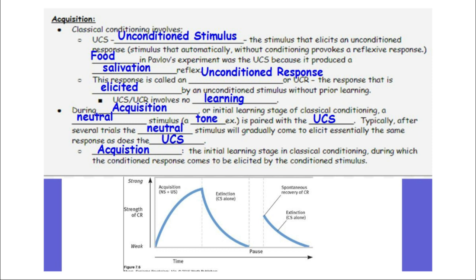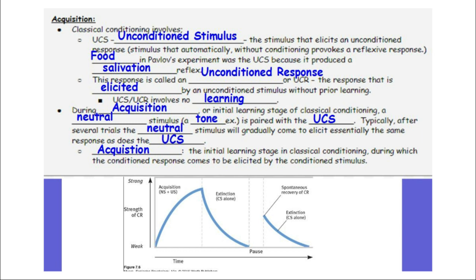by the conditioned stimulus. So if you take a look at a graphic of how we're going to learn this, at first, when you have the presentation of the neutral stimulus, if it's not paired up with the unconditioned stimulus, the food, you're not going to get much of a reaction.